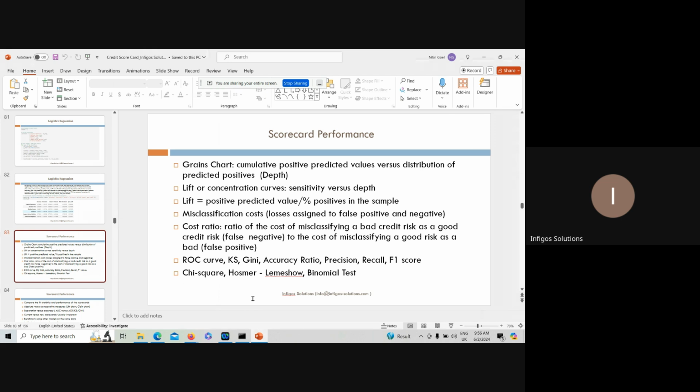We're talking about scorecard performance. There's something called the gain chart. We just saw the cumulative number of events divided by the total number of events in the model. You call it depth also. So lift curve and gain charts are more or less the same thing.